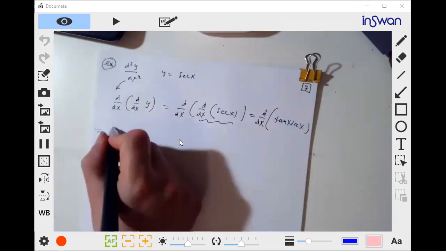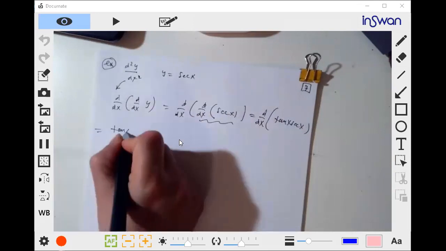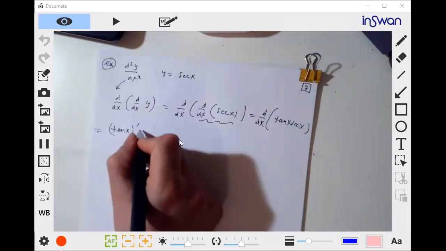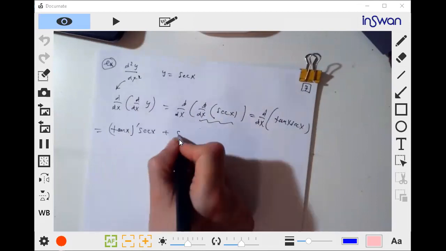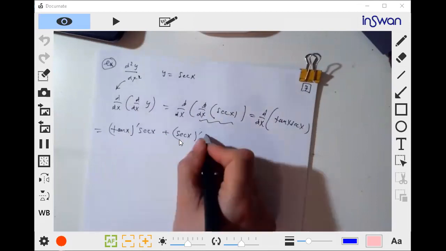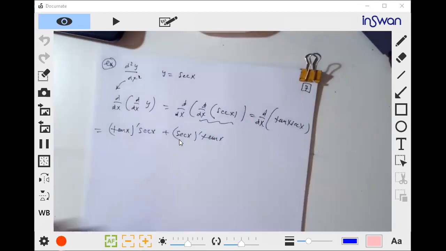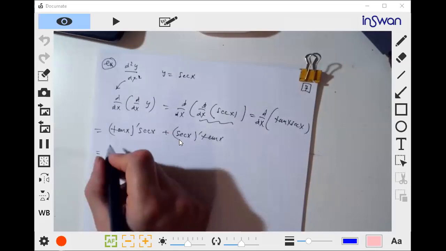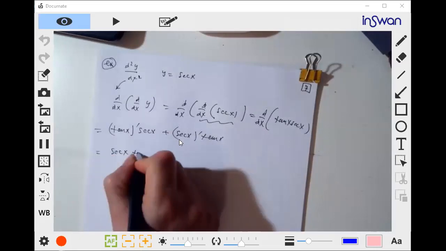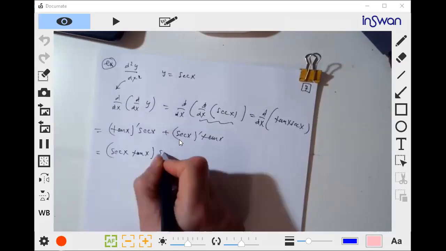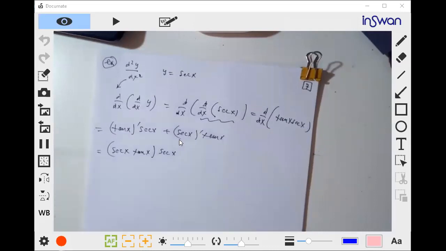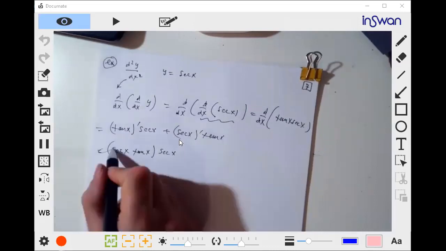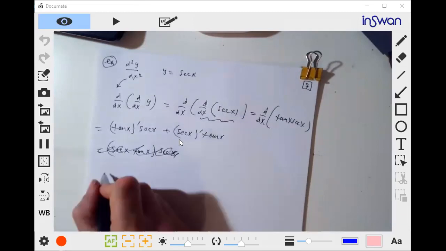Notice that's tangent of x prime secant of x plus secant of x prime tangent of x. The derivative of tangent of x is secant x tangent x. Oh, no. The derivative of tangent x is secant squared x.